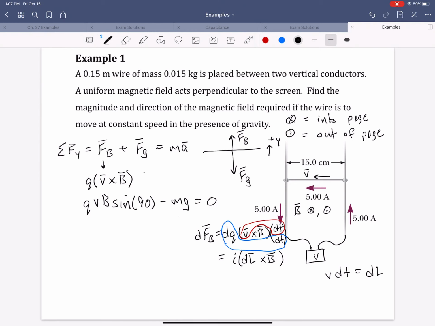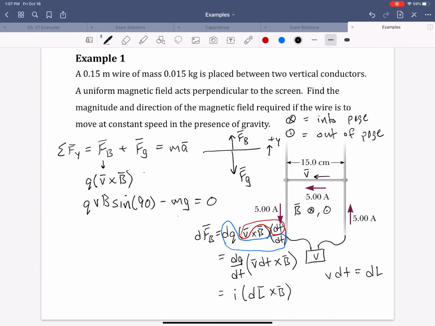Let me write this with those steps in between. So now we have dq over dt times v dt, and that's crossed with B. That gives us a current times our dL cross B. It's still a cross product.